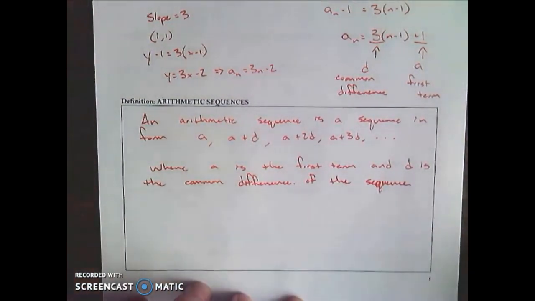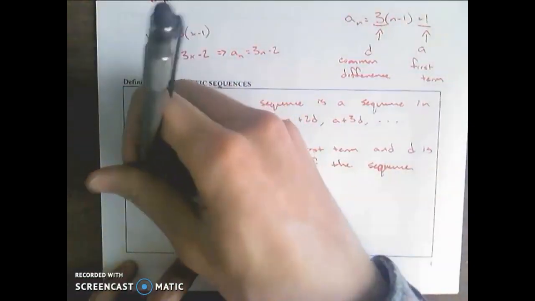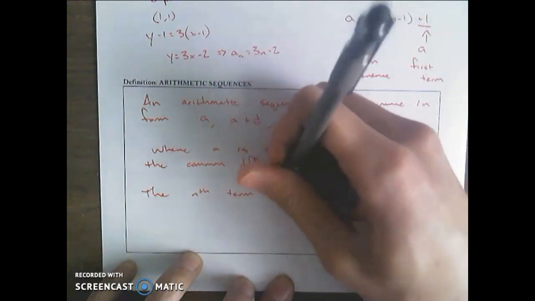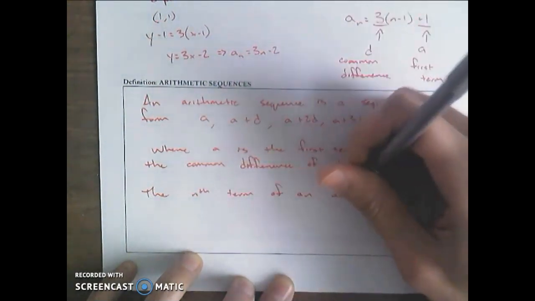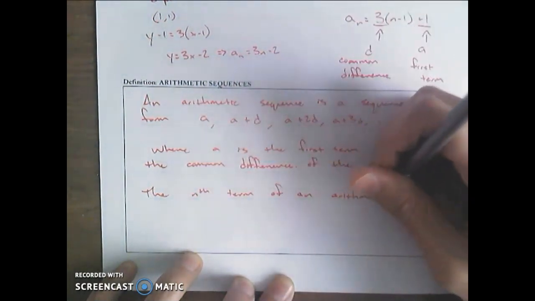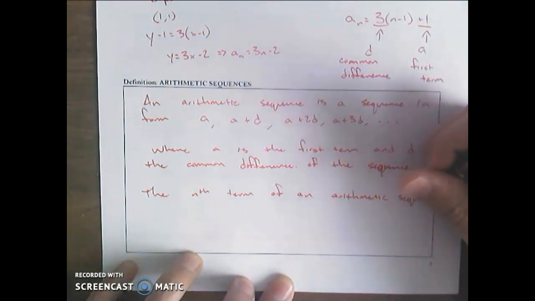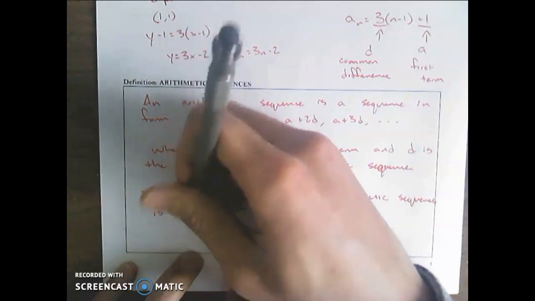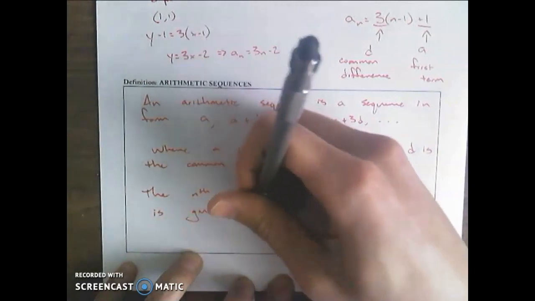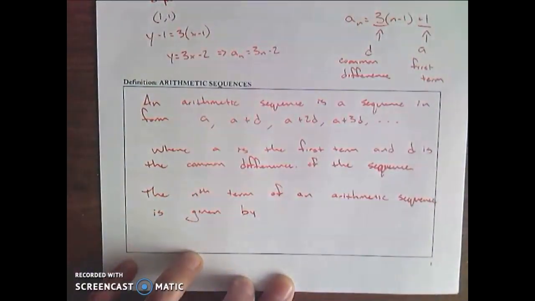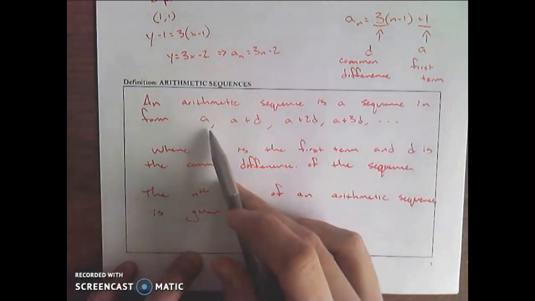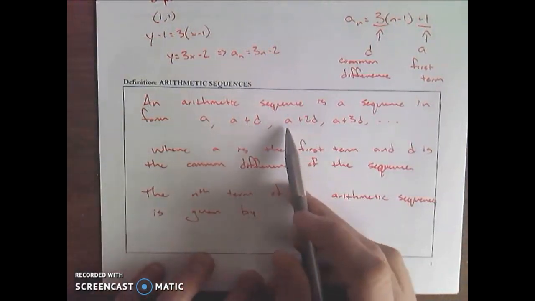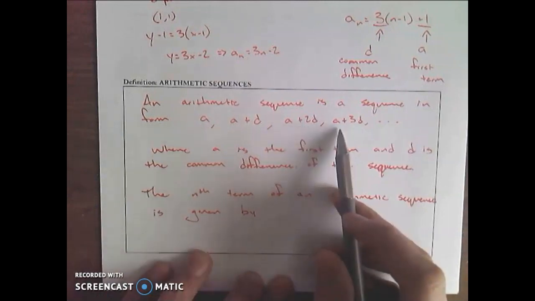The nth term of an arithmetic sequence is given by... Before we write it out, let's see if we can recognize a pattern. Our first term is a, our next term is a plus 1d, our third term is a plus 2d, our fourth term is a plus 3d.